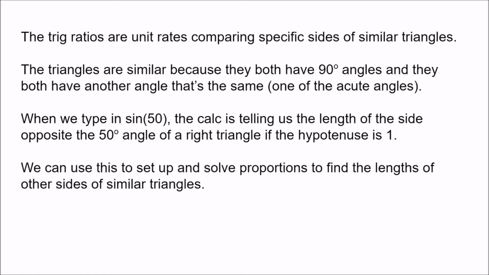When we type in sine 50, for example, the calculator is telling us the length of the side opposite the 50-degree angle of a right triangle if the hypotenuse is 1. We can use this to set up and solve proportions to find the lengths of other sides of similar triangles. So I'm just trying to show you what is going on when we use the calculator and the trig ratios and what's going to be coming up next.